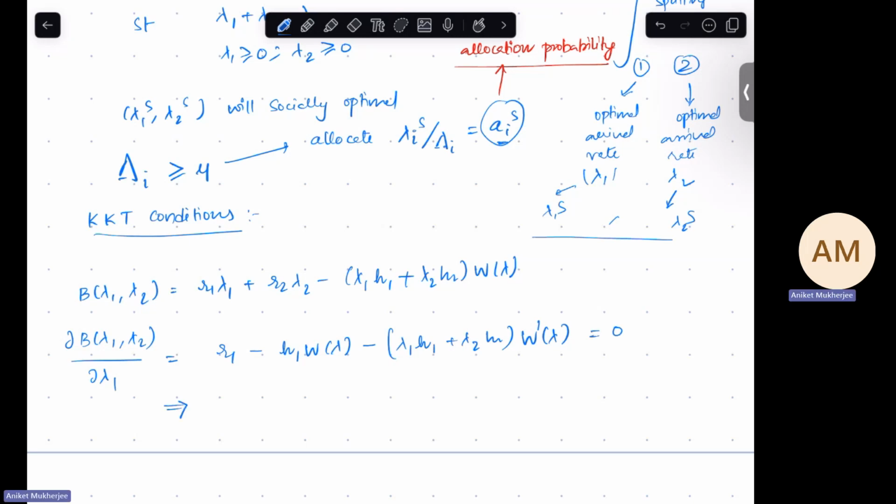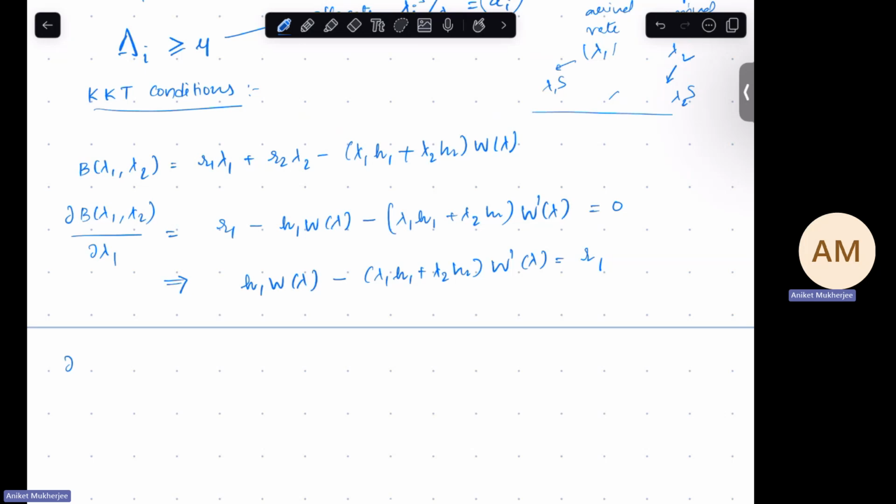So from this we have H1 W(lambda) plus (lambda 1 H1 plus lambda 2 H2) W prime(lambda), where W prime is the derivative of W with respect to lambda, is equal to R1.